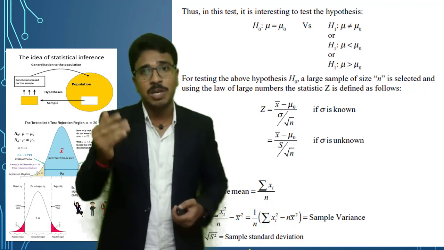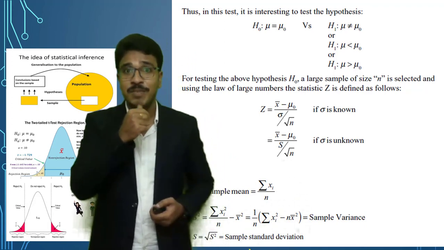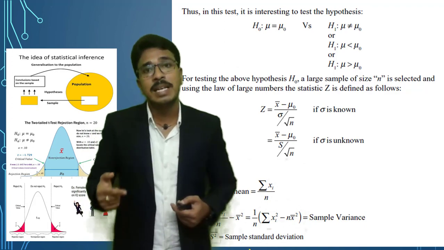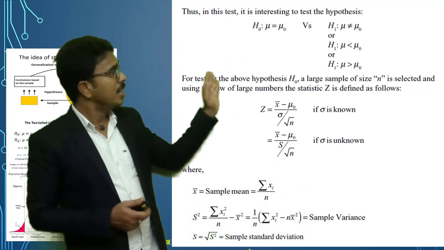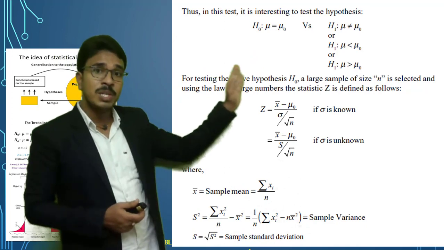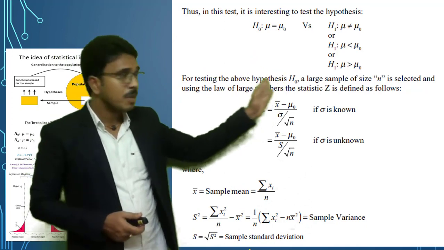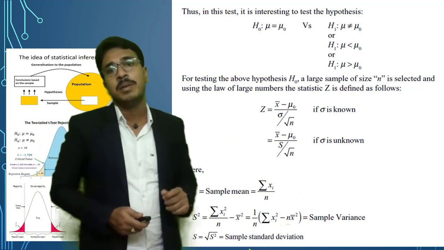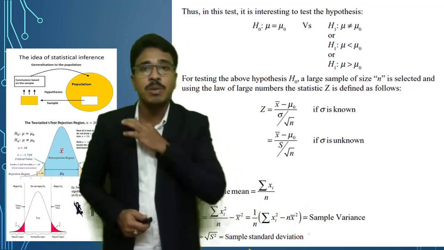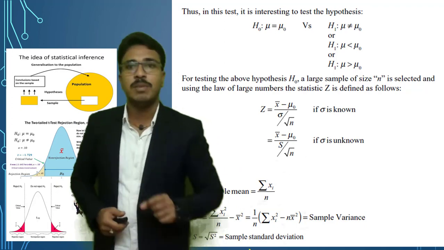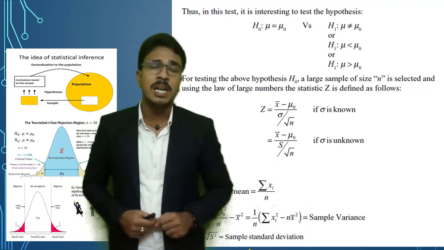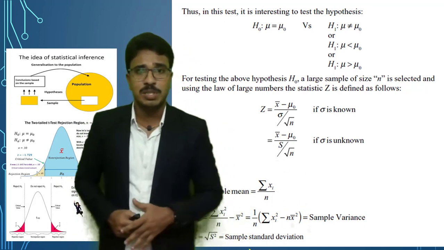That's why at the bottom, for H1, we can also say mu is less than mu naught, and we can also say mu is greater than mu naught. So this is how we need to set our null as well as alternative hypothesis.